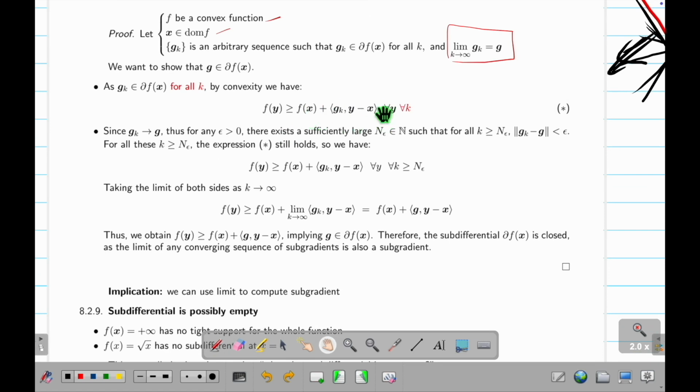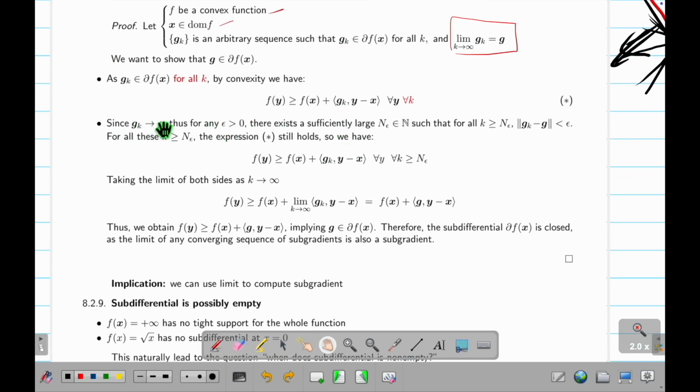I have this is convexity, and I have the subgradient inequality. And this is true for any g_k. Now, because I have the limit, g_k goes to g. Okay, now calculus. That means epsilon-delta. For all epsilon, there exists a sufficiently large n such that for any k larger than this, the distance between them is arbitrarily close. Right?